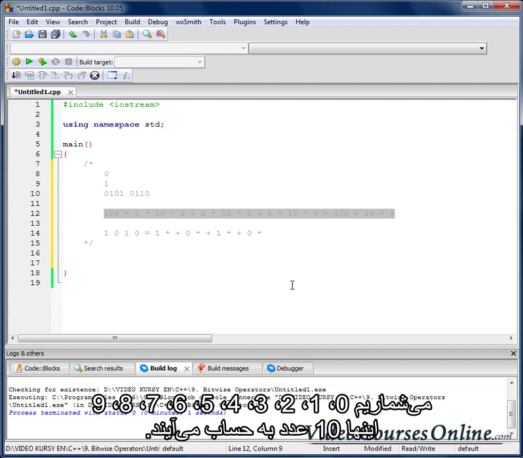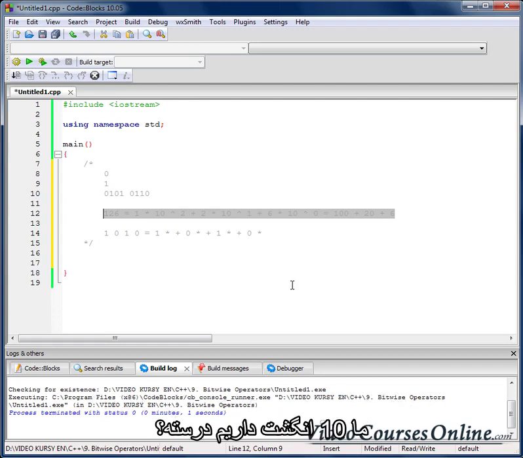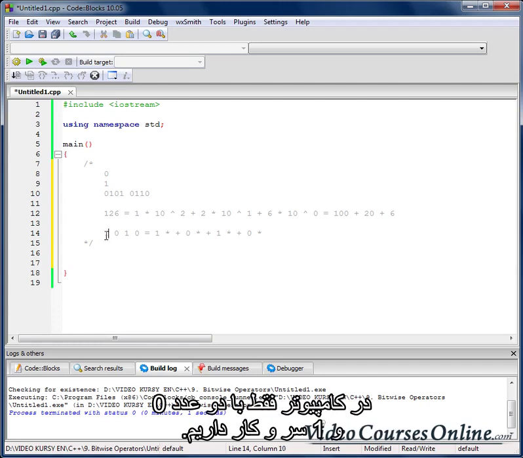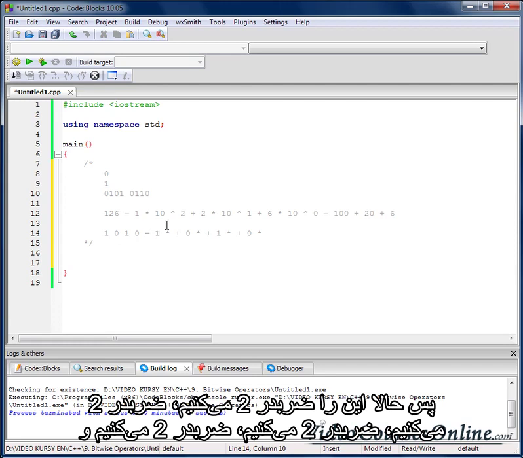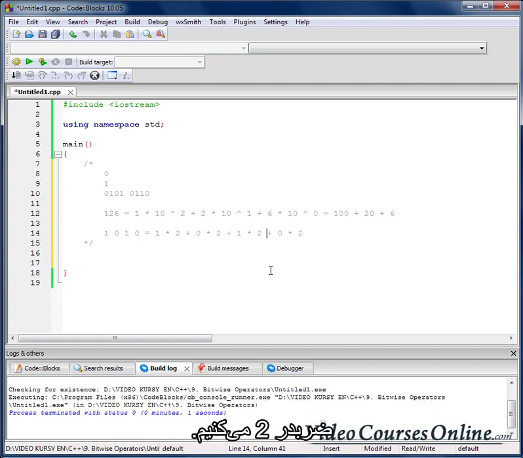And those are 10 numbers already. We have 10 fingers, right? And that's why here is 10. In a computer we have only two numbers, 0 and 1. So here we will multiply by 2. Multiply by 2, multiply by 2, multiply by 2, multiply by 2.